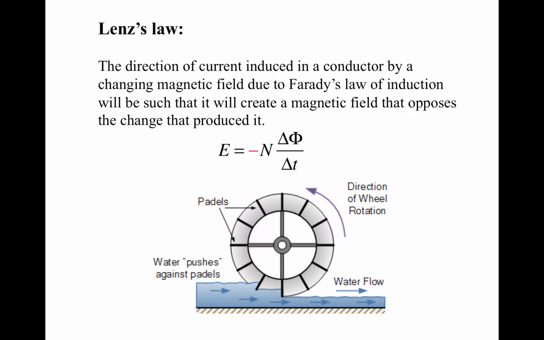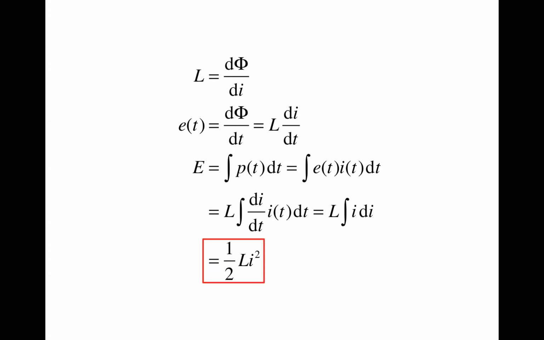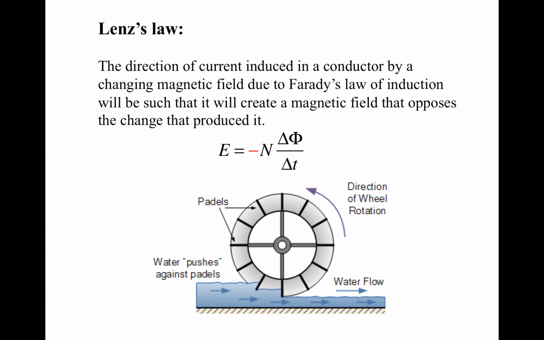Lenz's law is very similar to Newton's third law in mechanics. If there is a force, there must be a counter force. The situation is quite similar to how a water wheel works. The flowing water mass has kinetic energy in it, and it pushes on the paddles of the water wheel.